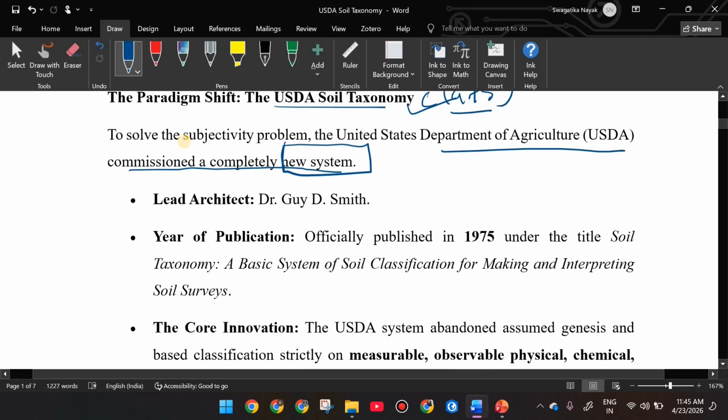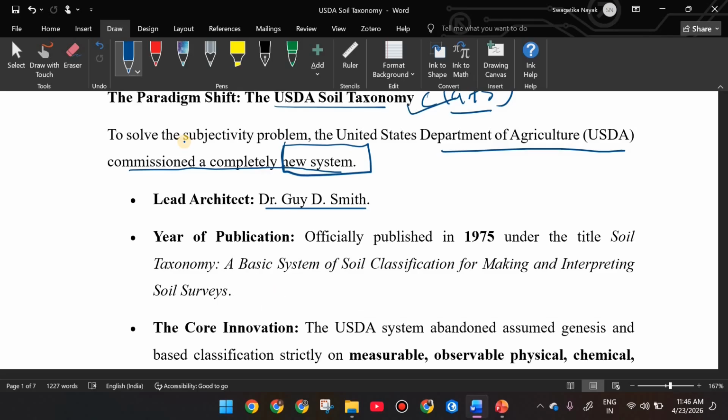It has a hierarchical system of classifying soils, like in biology, the animal kingdom, where there is a hierarchy from species to genus and so on. Here we have the same system for defining soil types. The lead architect is Dr. Guy D. Smith. You have to remember him.